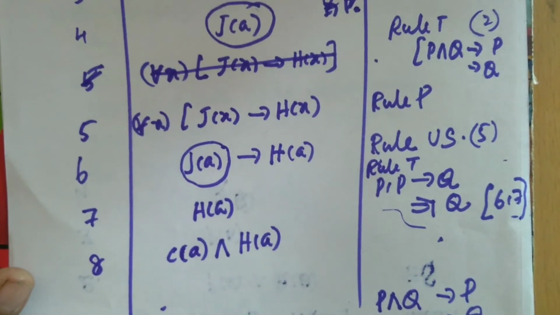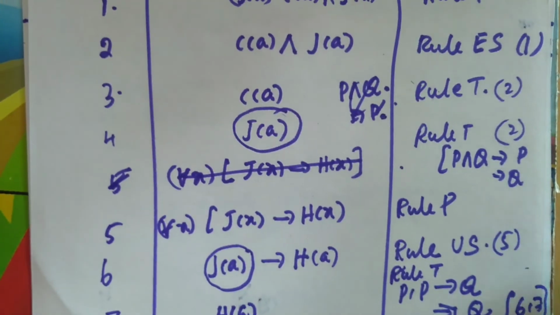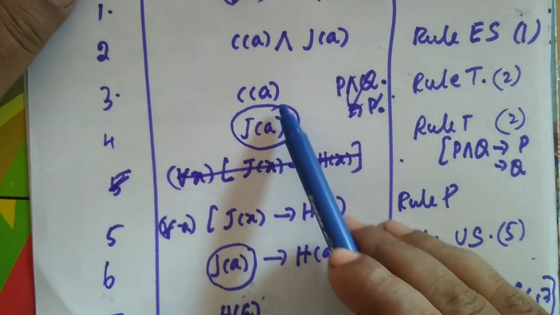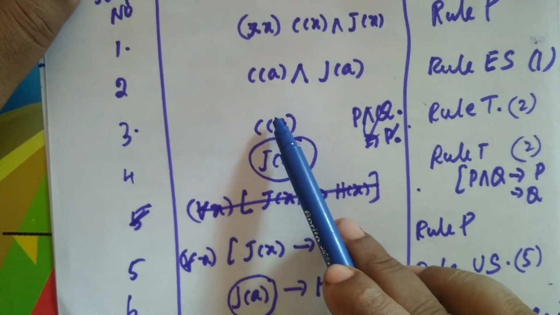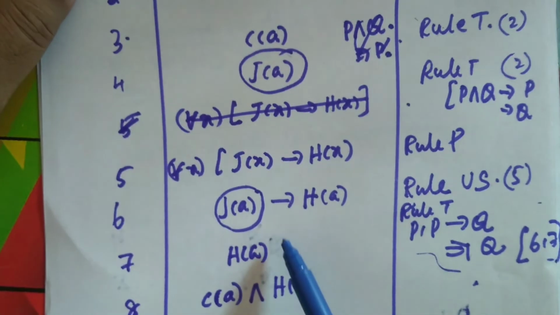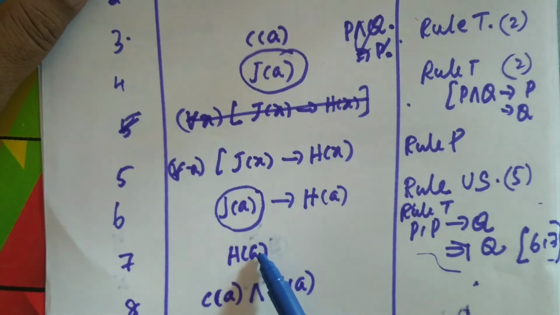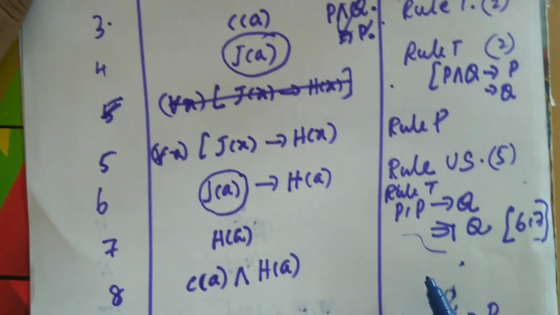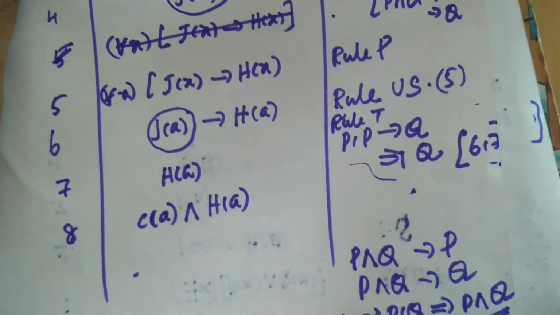Now the third statement is equal to C of A, and the seventh statement is equal to H of A, therefore we have the formula. What is the formula?